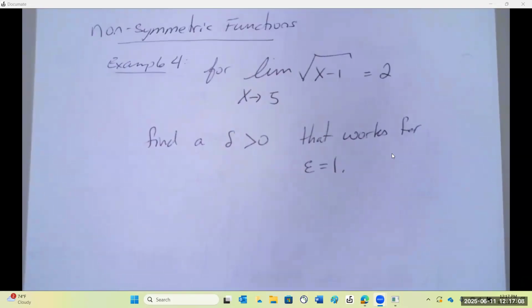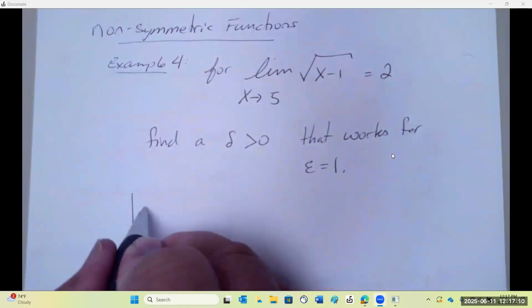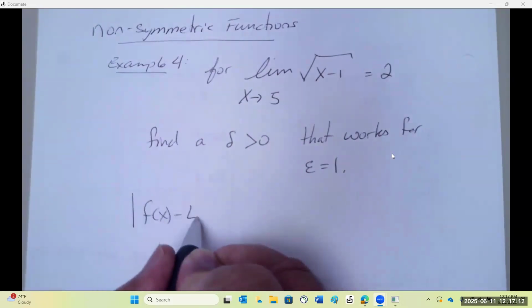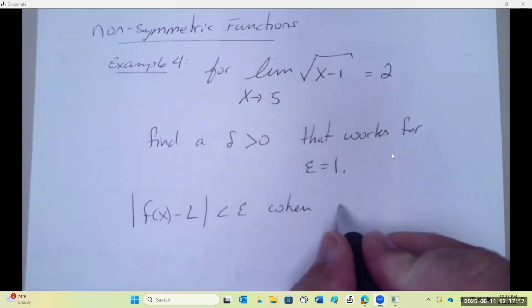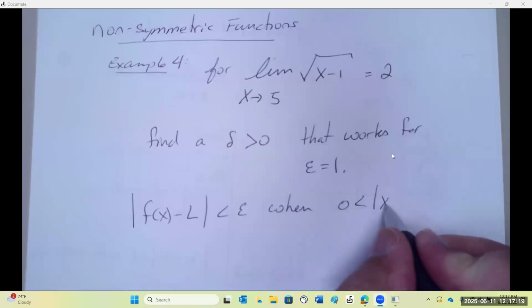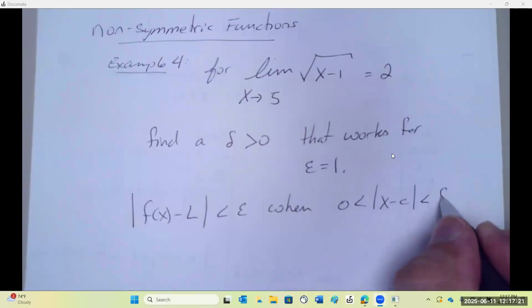So what that tells us is this. We have to find |f(x) − L| less than epsilon when 0 < |x − c| is less than delta.